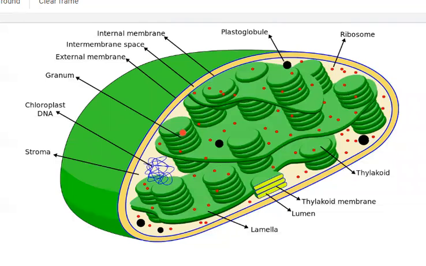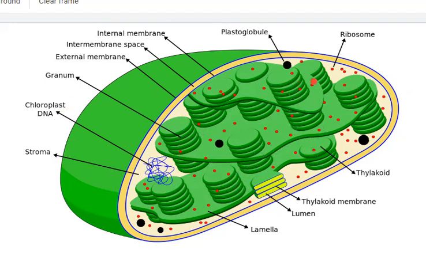These are the thylakoids. They look like stacks of coins, and each coin structure is called a granum. The granum has a lumen within it, and the lumen is where we find the chlorophyll. So the chlorophyll can be found in the lumen of the granum.